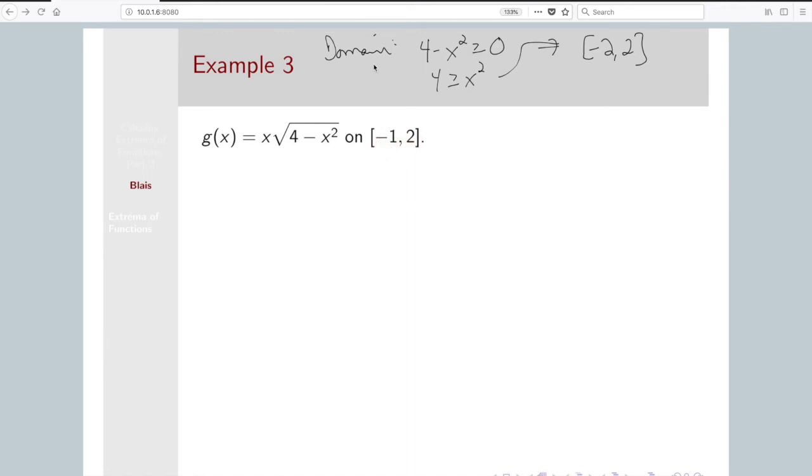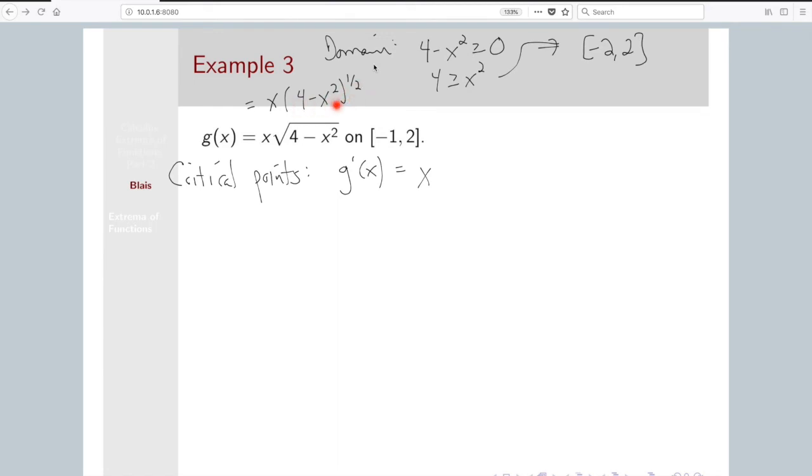Now, critical points, our first step. We need the derivative. And we should probably rewrite g of x. This is x times the quantity 4 minus x squared to the 1/2. And so to get this derivative, we require use of product rule. So first, x times the derivative of the second, which is chain rule.